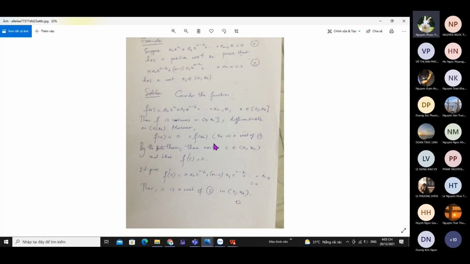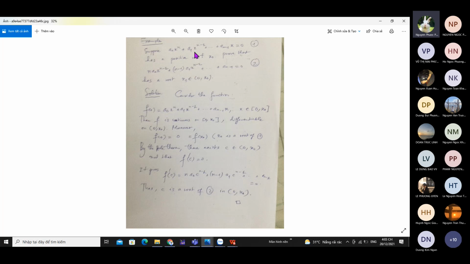So all assumptions of Rolle's theorem are satisfied by the function f. I mean, the function f satisfies all conditions of Rolle's theorem. That's why there is a number c between 0 and x0 such that f prime of c equals 0.